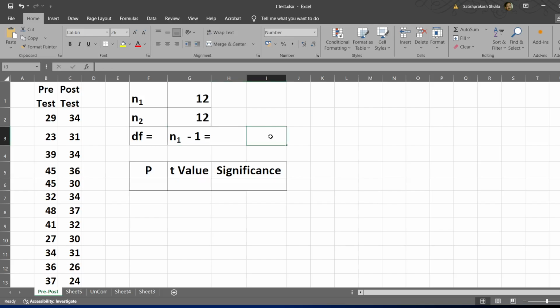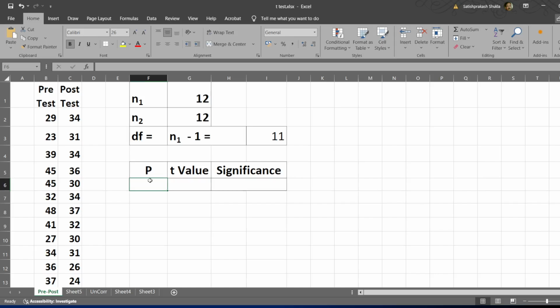N1 is calculated in G1. So to find DF, we write equal sign, then G1, the cell address where N1 is counted, minus 1. So DF is 11.